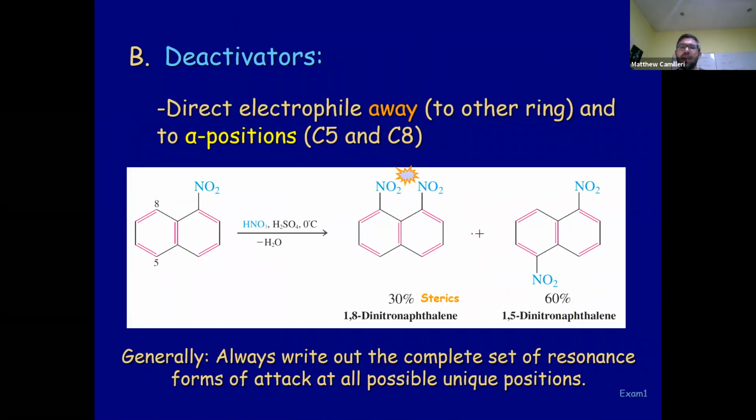The activators, like a NO2, the activators normally push the electrophile away. So the activator normally would be assumed to be there, but they will push it away. They will push it to position number 5 or 8.